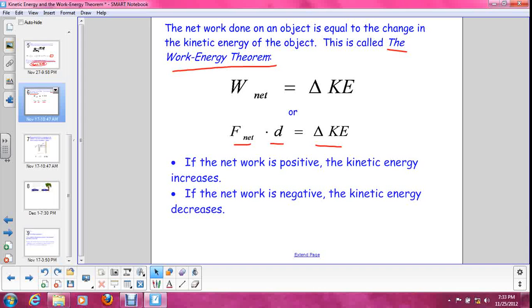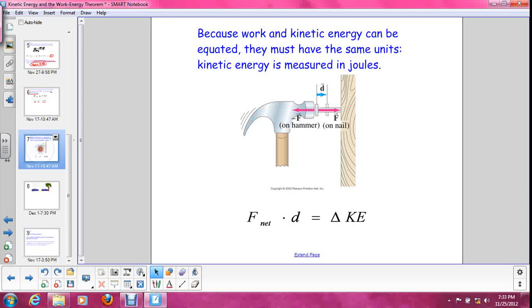So if the net work done is positive, that means the kinetic energy increases. And if the net work done is negative, the kinetic energy decreases. And because work and kinetic energy are equated, meaning one is equal to the other, they have to have the same units.